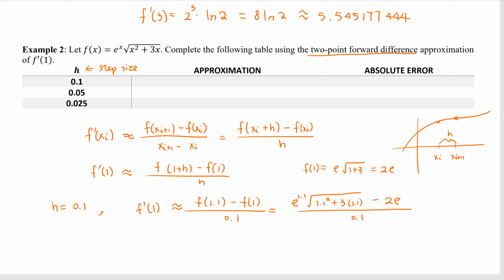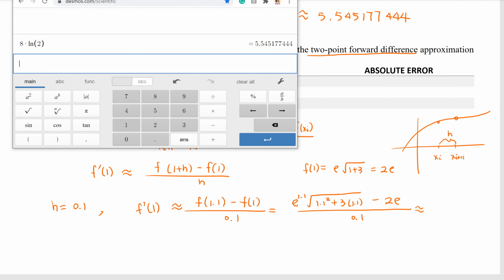Okay, let's plug this into our calculator. How do we plug it in? Because you kind of expect we'll have different step sizes, in order to make use of the equation and save us some work, when you type in, I suggest you type 1.1 and then click enter, and then use the answer.